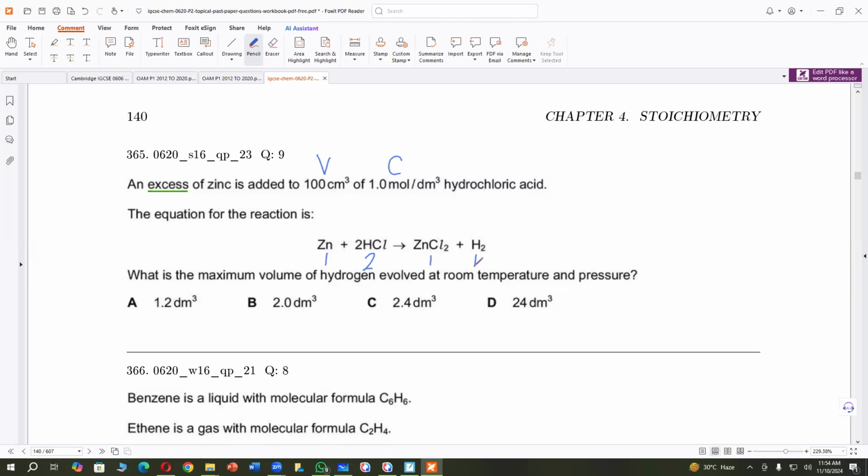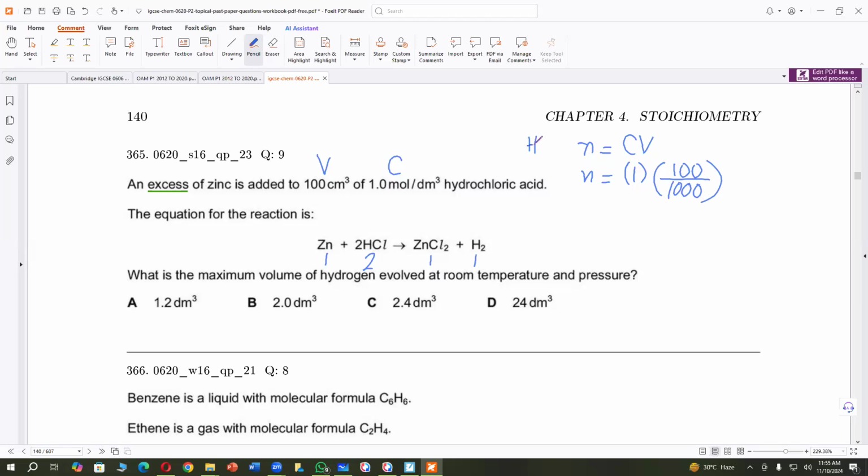So first we apply the formula n is equal to CV. n is equal to concentration, which is 1, volume is 100. But isn't it the volume of zinc and concentration of HCl? So I'm finding the moles of HCl now.